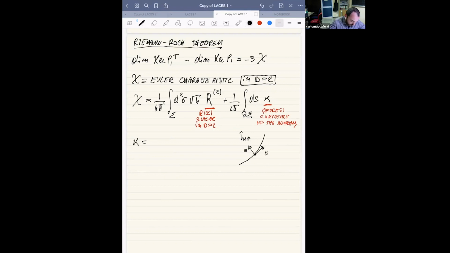And so this geodesic curvature is given by this expression here, T alpha, T beta, delta alpha and beta.